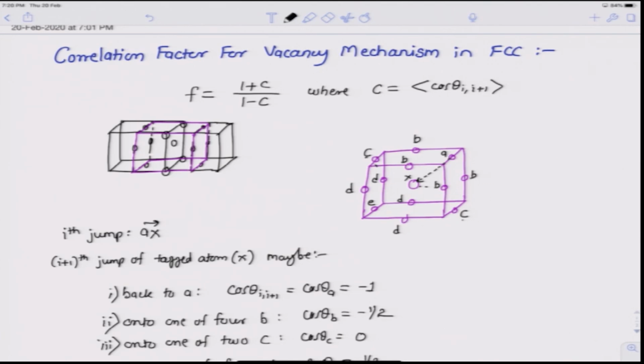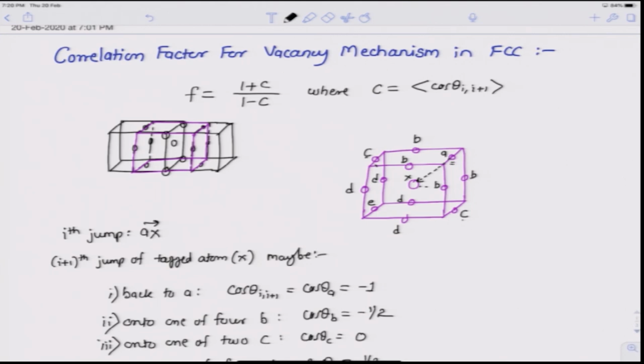When we are considering random walk, the summation of cos theta was 0. So, the only contribution to the summation of cos theta is from the correlated jumps. So, we are considering only correlated jumps. That means, we are considering the exchanges of atom X with the same vacancy. In our case, the vacancy is now at position A.